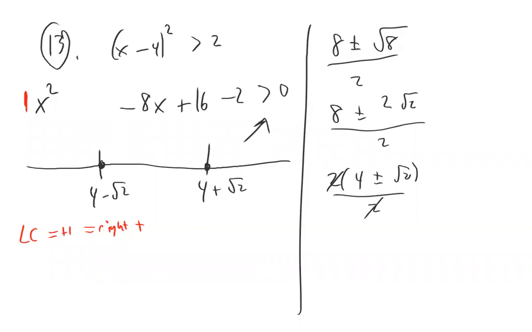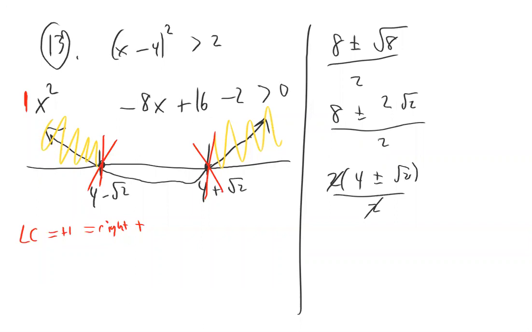Then, since there are 2 different solutions, it's going to change signs at each of those. They each have a power, or multiplicity, of 1, so we're going to draw through that. Now we're solving the inequality when it's greater than 0, which would be this part and also this part. Greater than 0 means that when it's equal to 0, that does not work, so those 2 points are out.